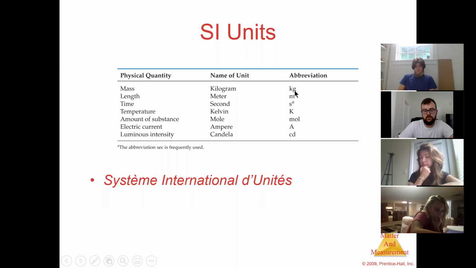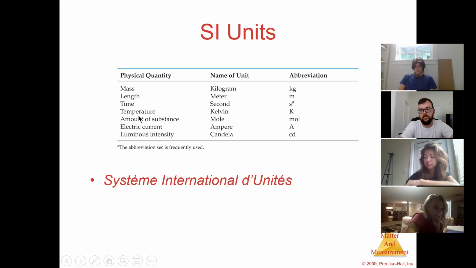Gram is the base. Length is in meters. If you've never worked with a meter before, it's close to a yard. And what's a yard? 3 feet, because that's just what they picked. So we're going to try and move away from those weirder numbers into base 10, where we can do hopping with decimals.